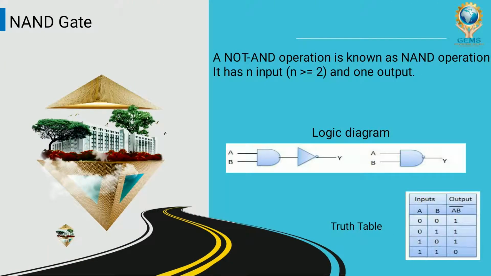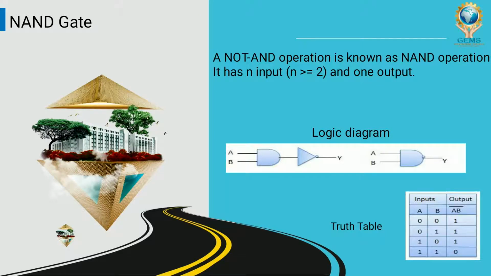Then the NAND gate. So this is the NAND gate. NOT and AND operation is known as the NAND operation. Here, AND plus NOT. What is a NAND? Simple. N means NOT, AND means the AND gate. Both combined together, the NOT and AND operations, are called NAND.